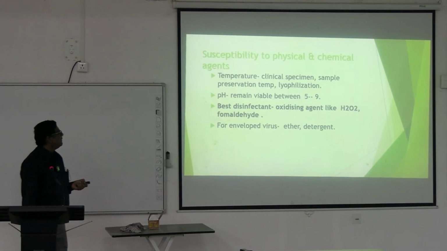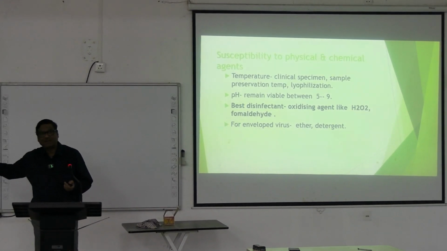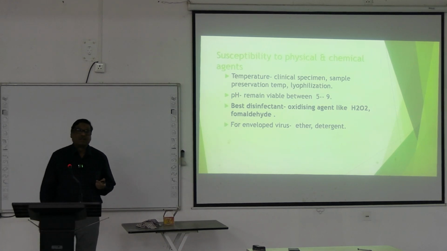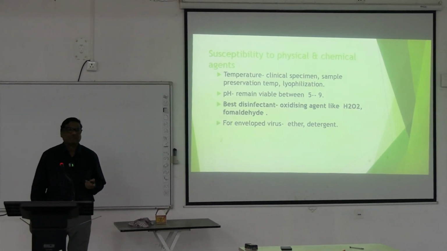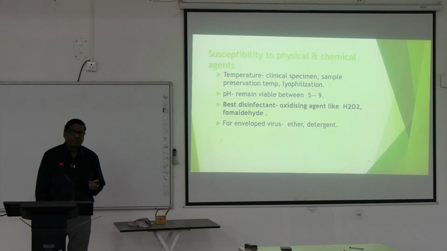Susceptibility to physical and chemical agents: the outer layer of the enveloped virus comprises a lipoprotein layer, so that layer is susceptible to chloroform and ether, that is solvents of fat. So enveloped viruses are susceptible to chloroform, ether.